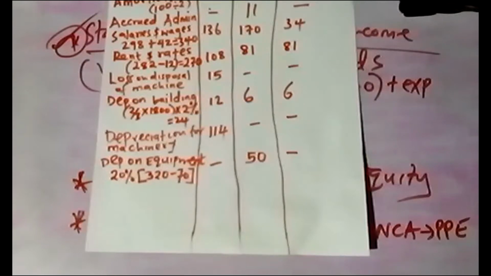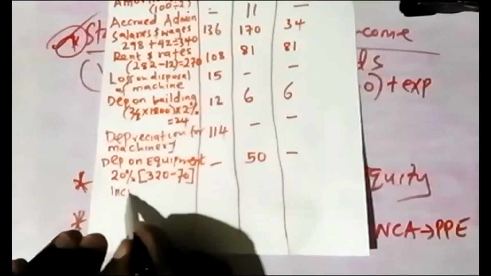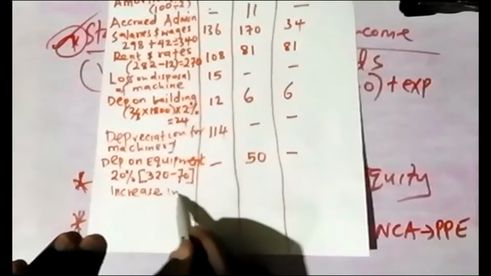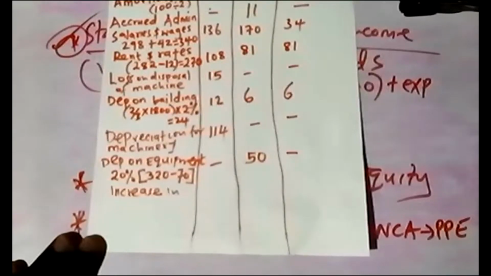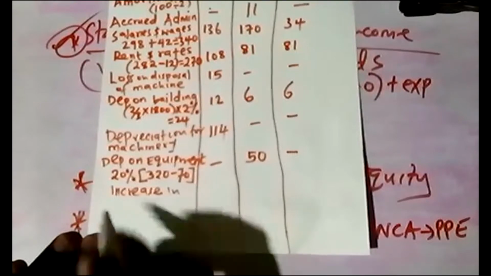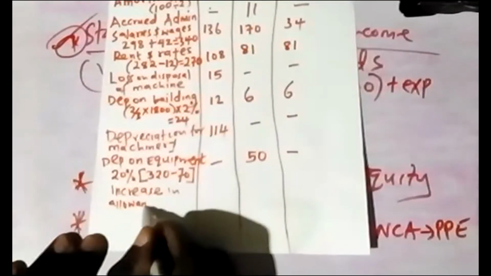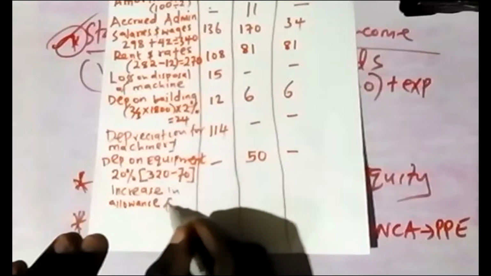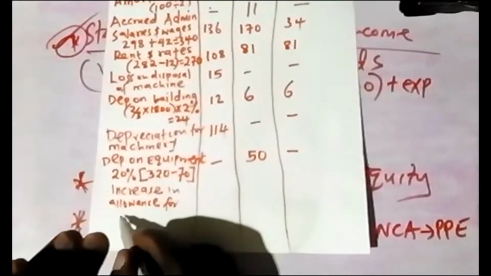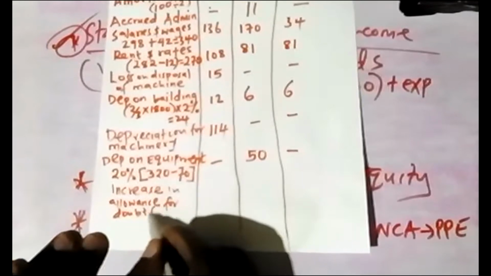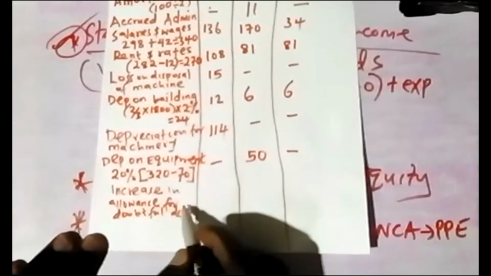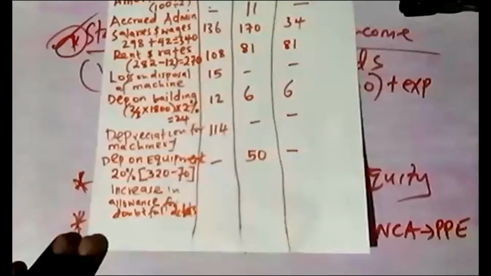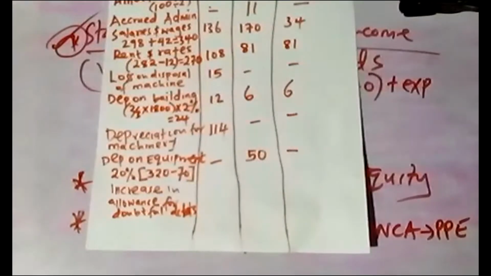An increase in allowance for doubtful debts is an expense.